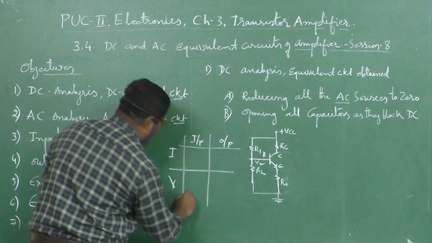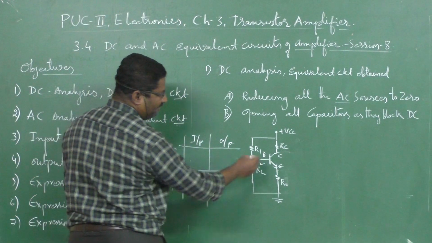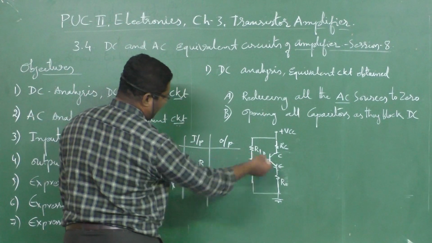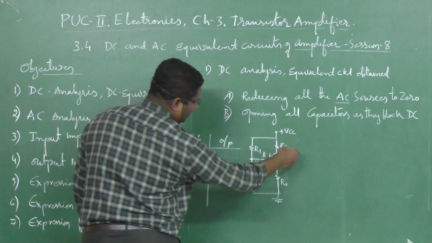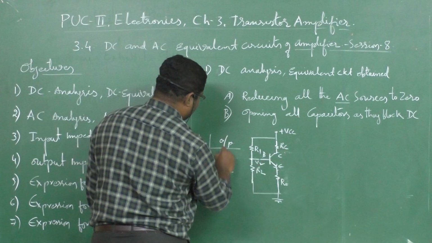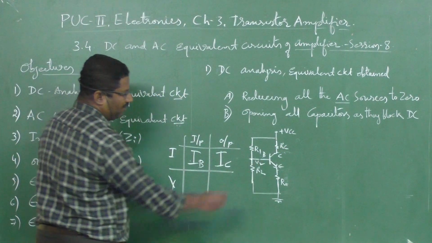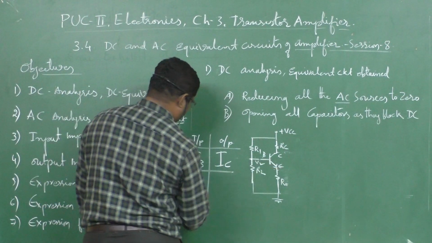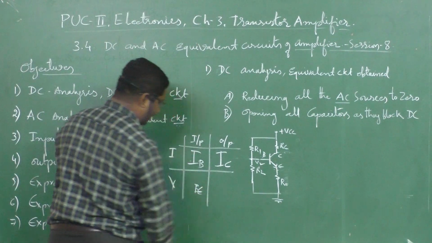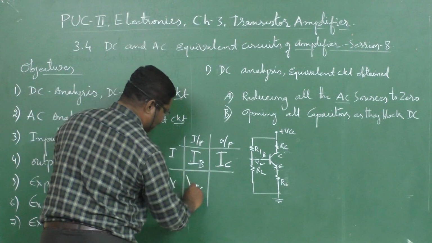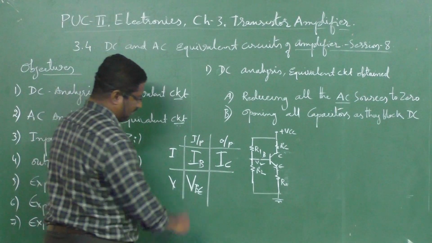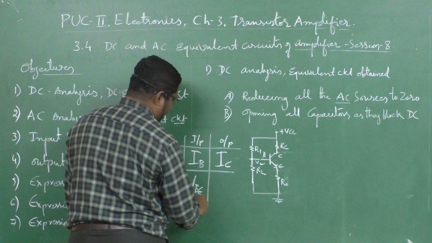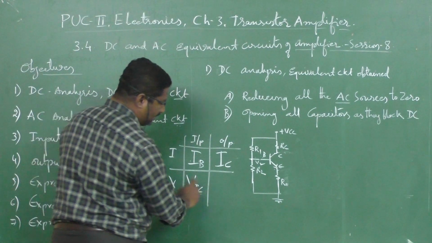So what is the input here? From where are we giving the input? Input is across the base, so the base current, that is IB. What is the output current here? Across the collector, that is IC. Then what is the input voltage here? Input voltage is the base to emitter voltage, VBE, with subscript BE and V as the main symbol.